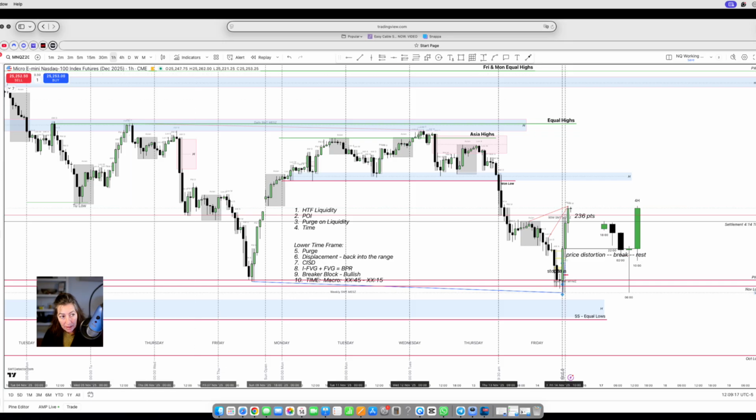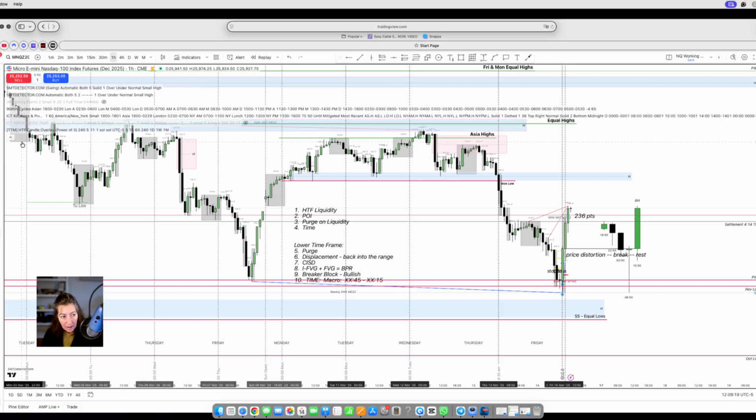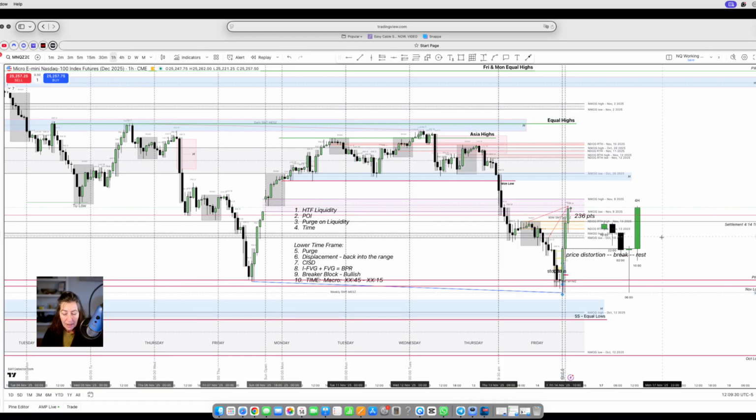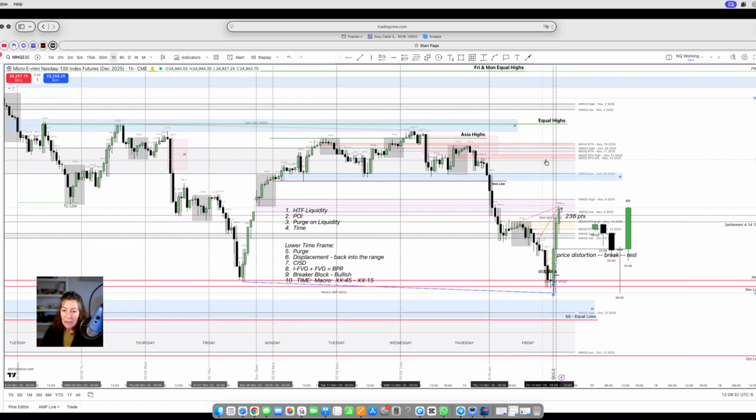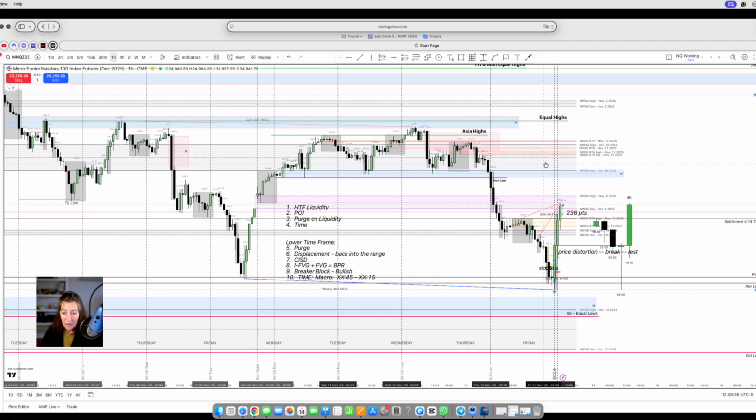The other thing that I like to use is ICT's new week opening gap and new day opening gap, and the one that I use is by Fadi, which I know ICT spoke so highly of. That's why I use it. Instead of putting the new week opening gaps and new day opening gaps on your chart, you can just use the indicator. Again, it's by Fadi, F-A-D-I, and I'll link that in the description below.